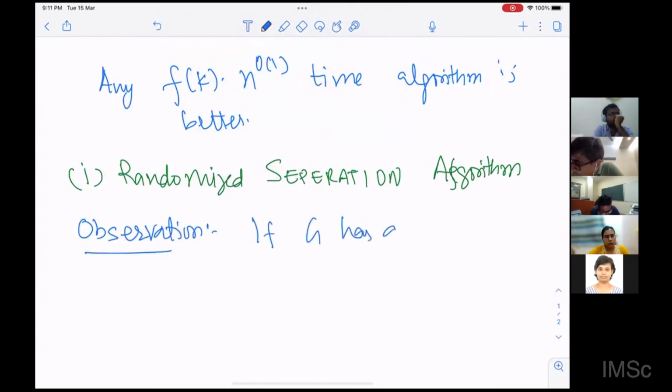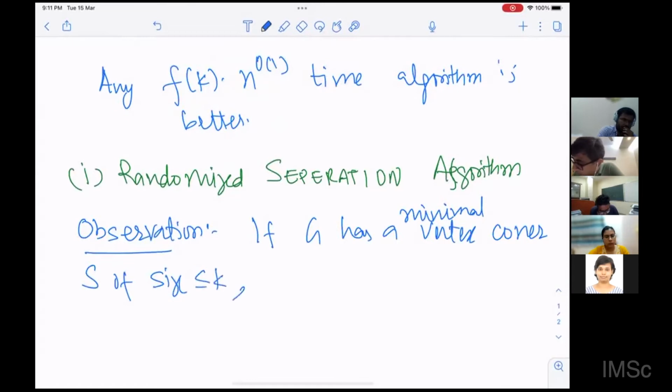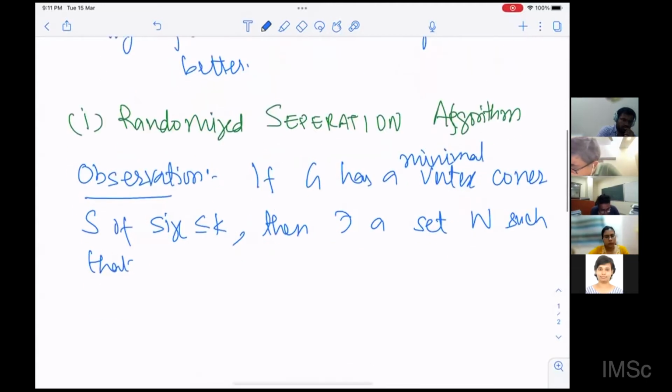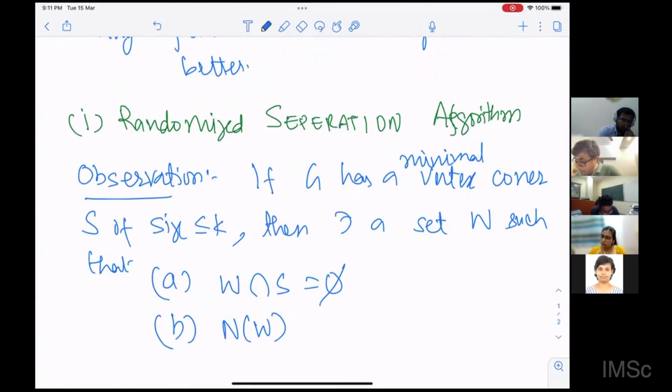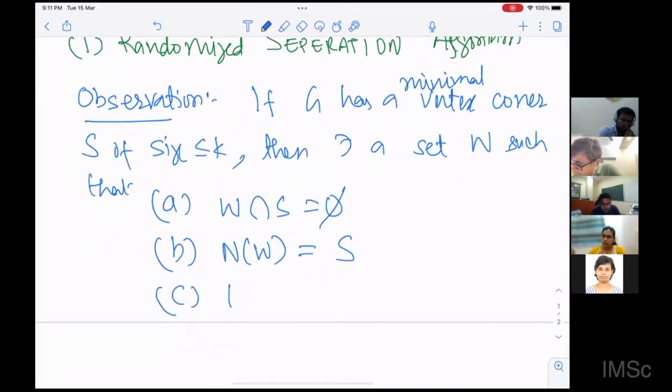If G has a minimal vertex cover S of size at most k, then there exists a set W such that A, W intersection S is empty, B, the neighborhood of W is equal to S, and C, the cardinality of W is at most k.